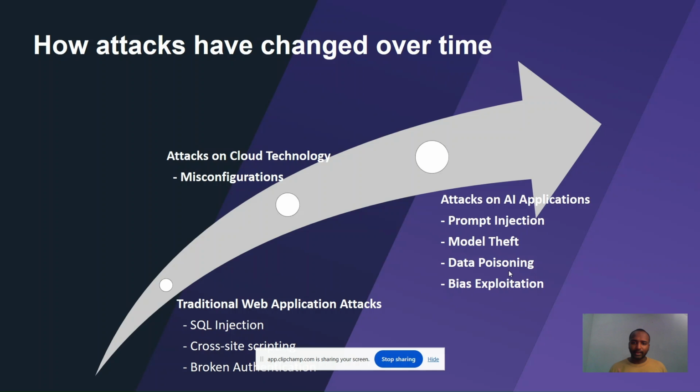Now, attacks on AI applications have yet to be fully exploited, and it's still being researched. But some of the foundations are still in use. So prompt injection, model theft, data poisoning, bias exploitation, all these are new attack techniques that are very specific to AI or generative AI model applications.